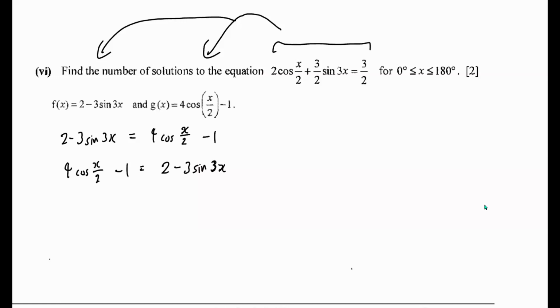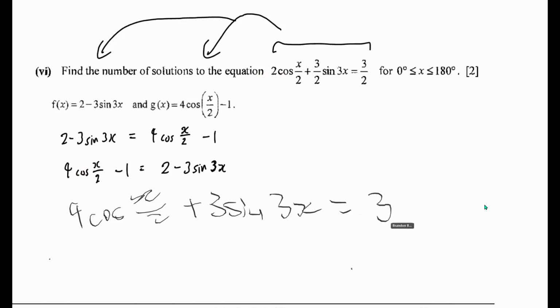Then after that, what do you do? Coefficient is a 2, right? But here we have a 4. Okay. Good. Bring the sine over first. Also get 3. Good. Yes. Okay, you divide by 2 and you get the expression that's given.